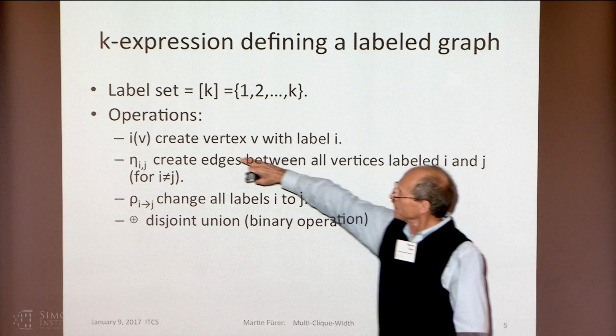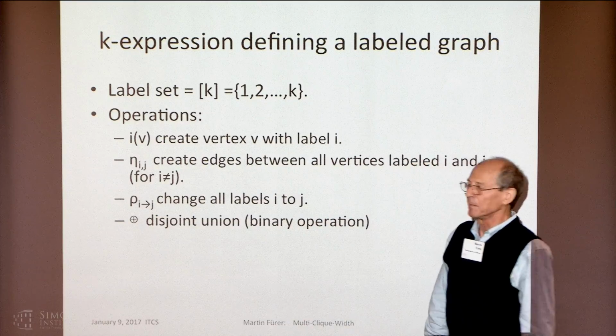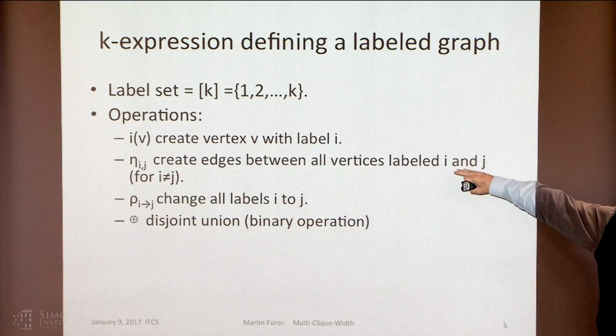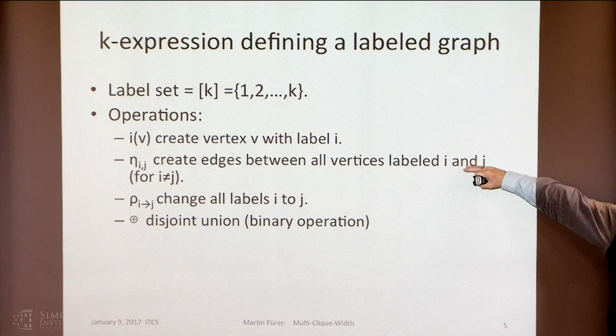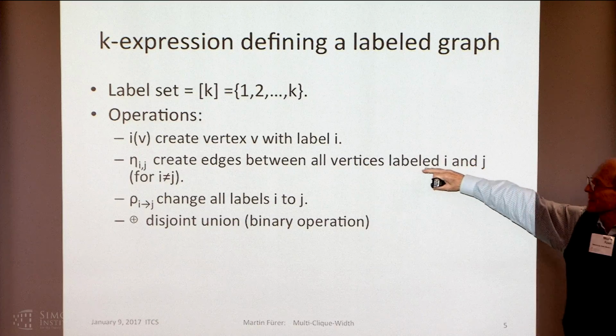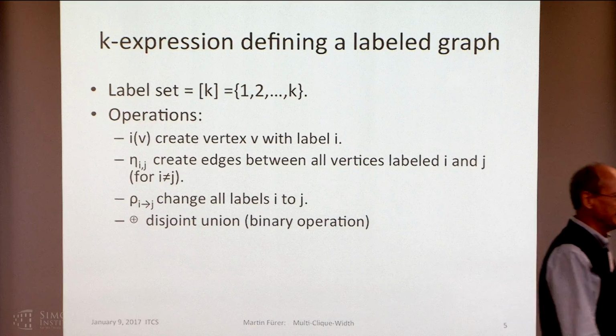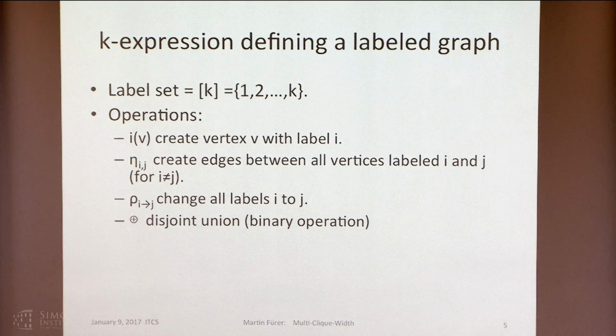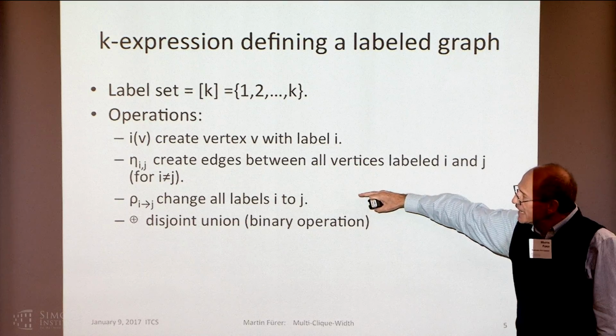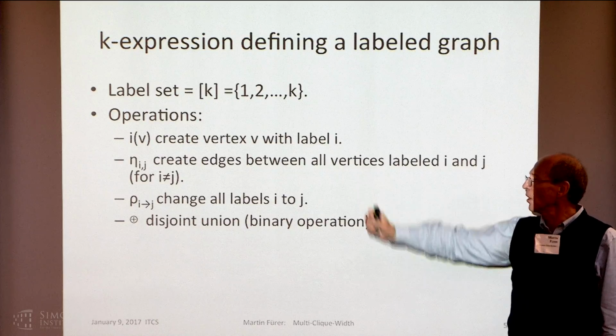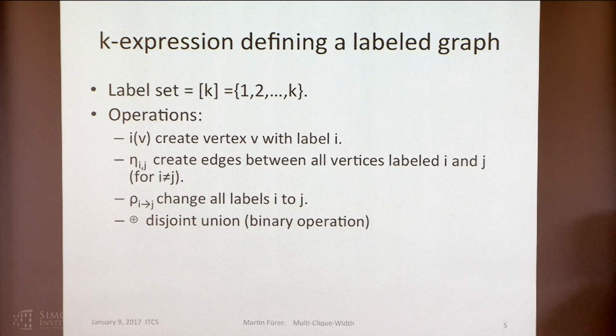We can create a vertex with a given label. We add edges between all pairs of vertices where one has label I and the other one label J. We can change the labels from I to J, and we do disjoint unions.